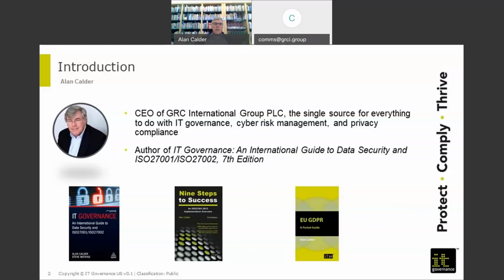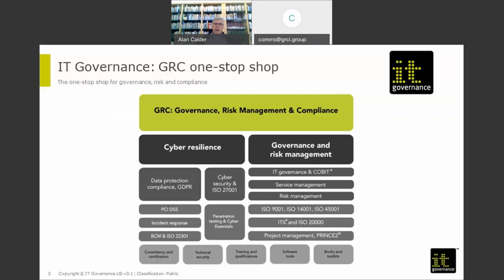As a business, just to give you a sense of what the group is, GRC, governance, risk management, and compliance is the broad heading of what we do. Cyber resilience is the biggest part of our activity, dealing with data protection, cybersecurity, ISO 27001, SOC 2, penetration testing, PCI, and so on.